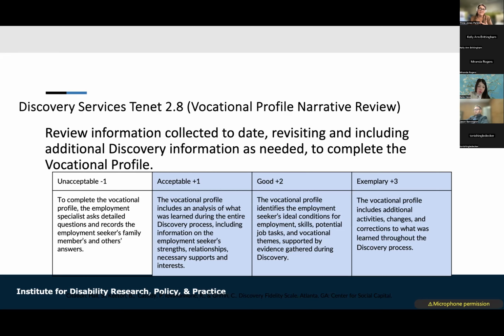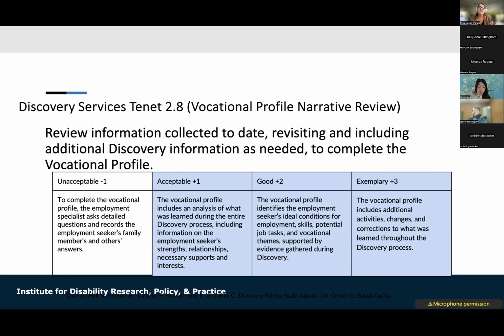Even better, so is good, and then two additional points is that we are including the ideal conditions of employment, what their potential job tasks might be, things that really make sense for them to do, what their vocational themes are, and that we're including the evidence that we gathered from discovery.